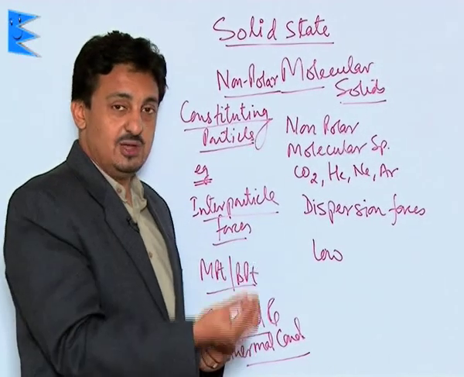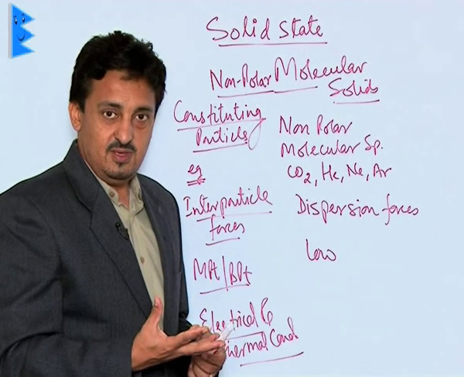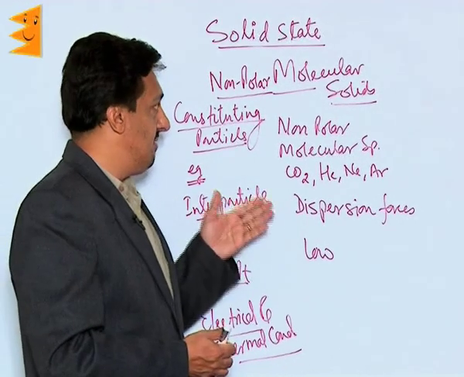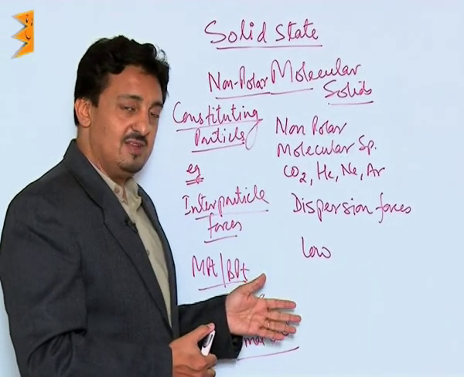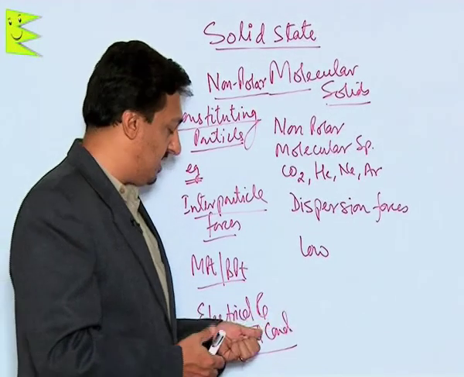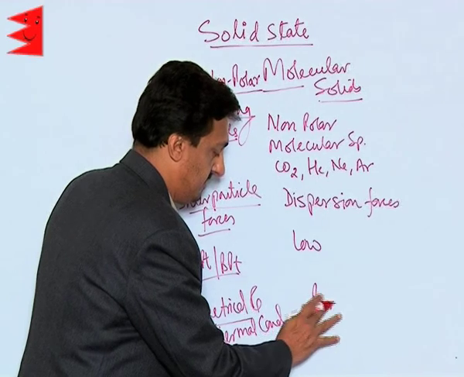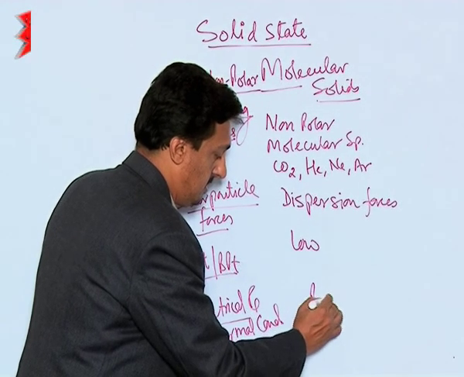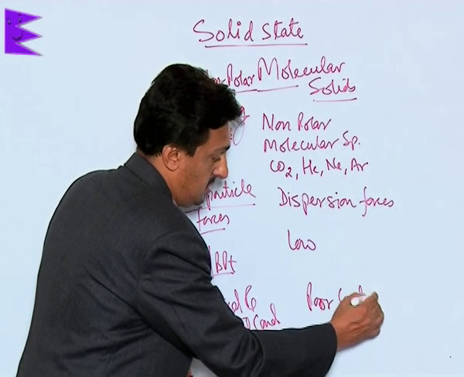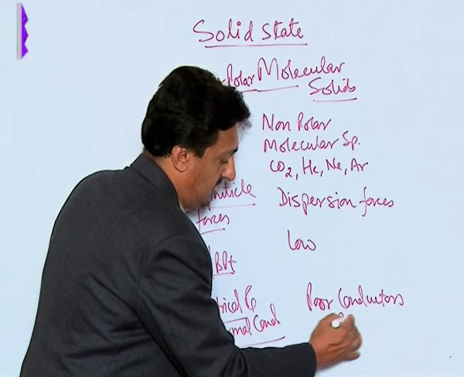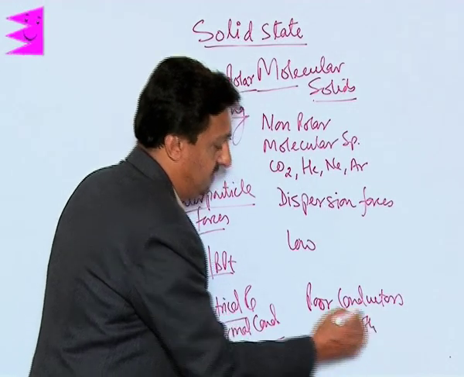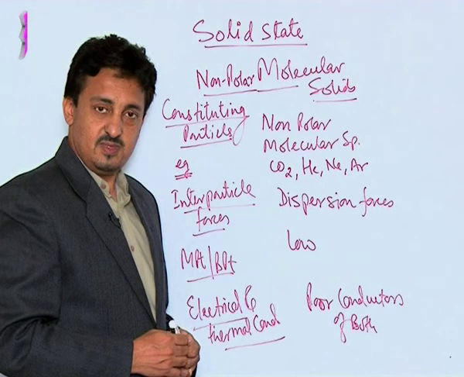Like if we take solid CO2, it will be a volatile solid. So these are the major characteristics of non-polar molecular solids, and all molecular solids are poor conductors of heat and electricity, poor conductors of both because they don't have free charges.